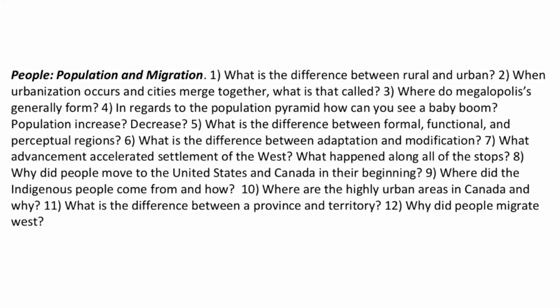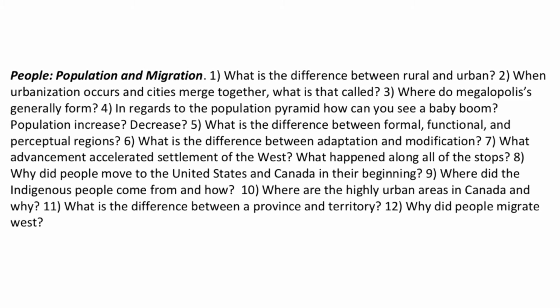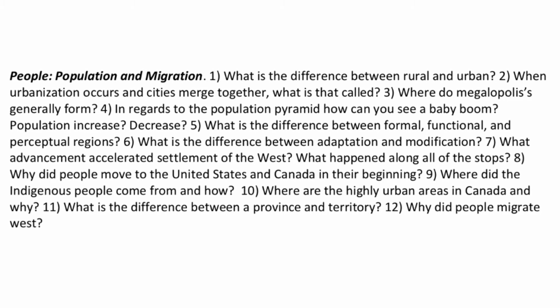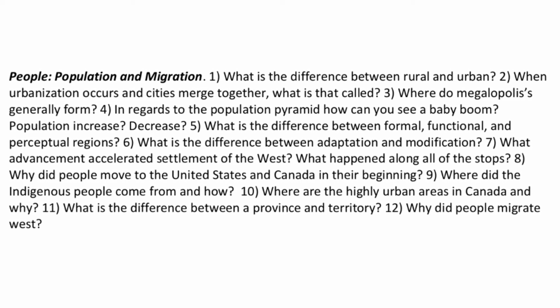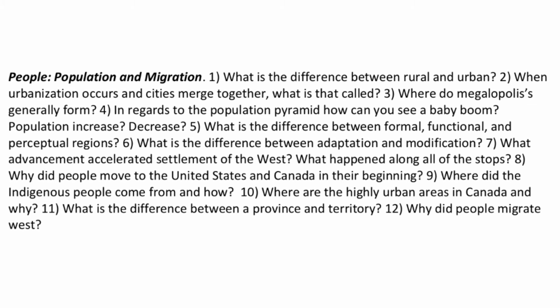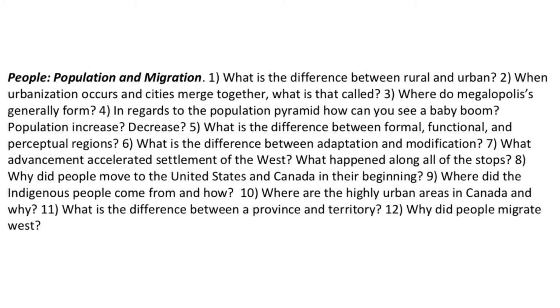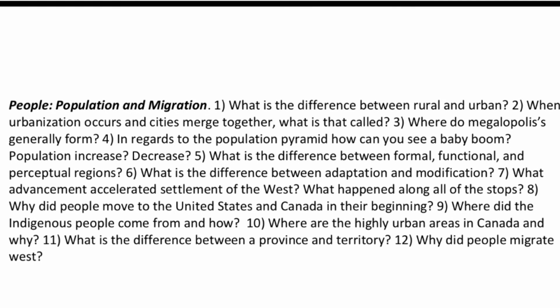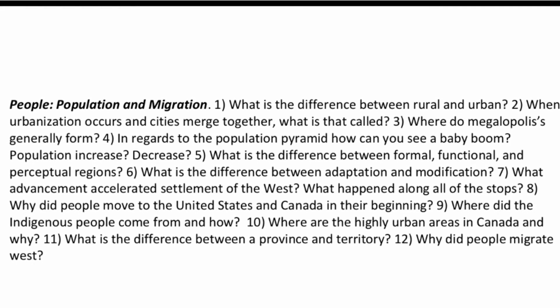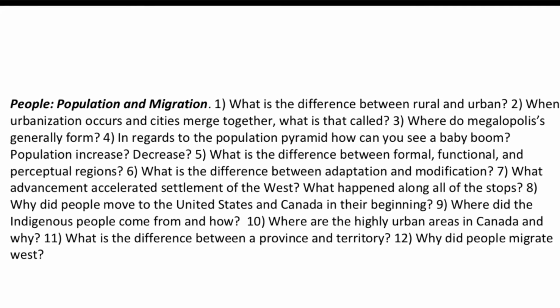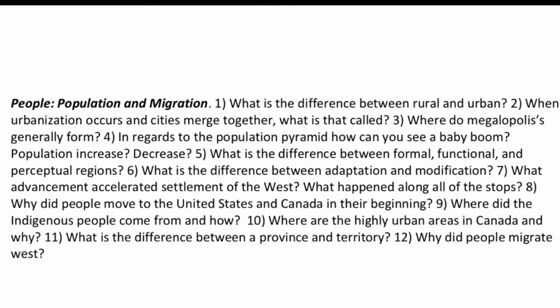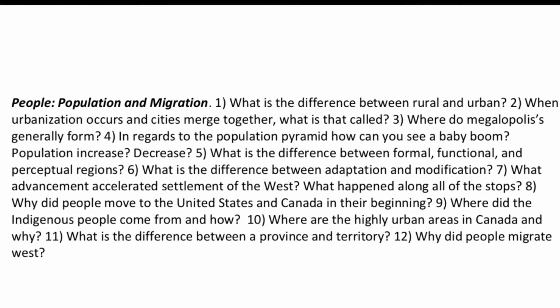So if you had a map that showed you transportation routes, showed you the centers of those routes and then how those routes existed, that would be a functional map. It has a function, it has a purpose, and it's connected somehow. It's organized around a central point. And then your perceptual region, also known as a vernacular region, is one that's just talking about your ideas, your opinions, things you can't prove about a place.